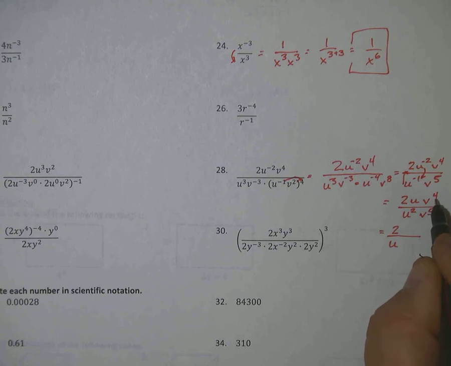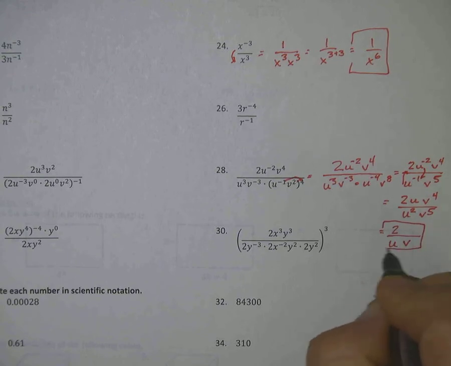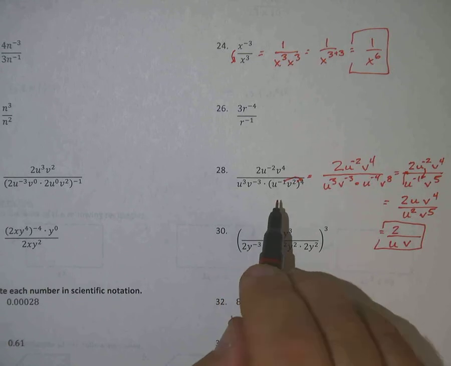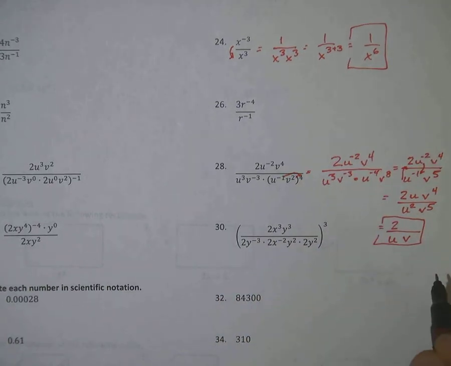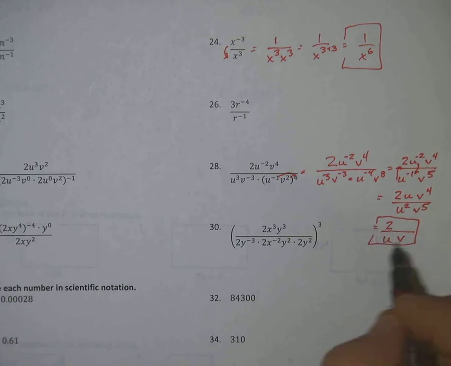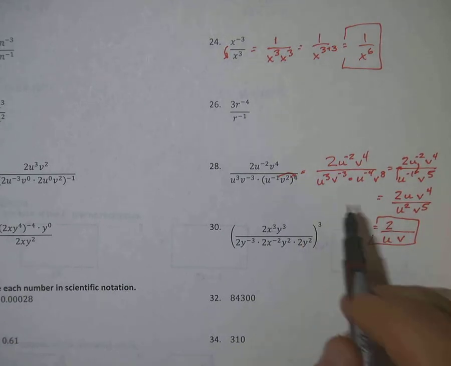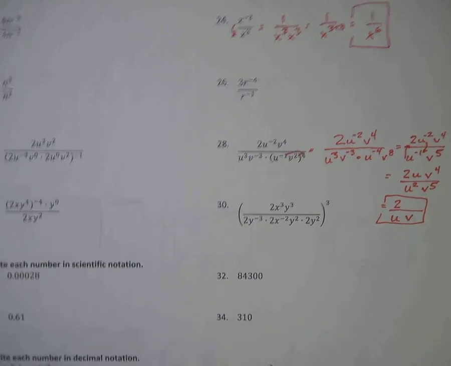And then when I have the 4 up top and the 5 on the bottom, that's going to simplify to 1 on the bottom. So we get 2 over uv. That's a lot easier than looking at this, and honestly, it's the same thing. That's why we're working this simplification, because it's a lot easier to look at this than that big monster. Okay? Let's look at the next couple sections.